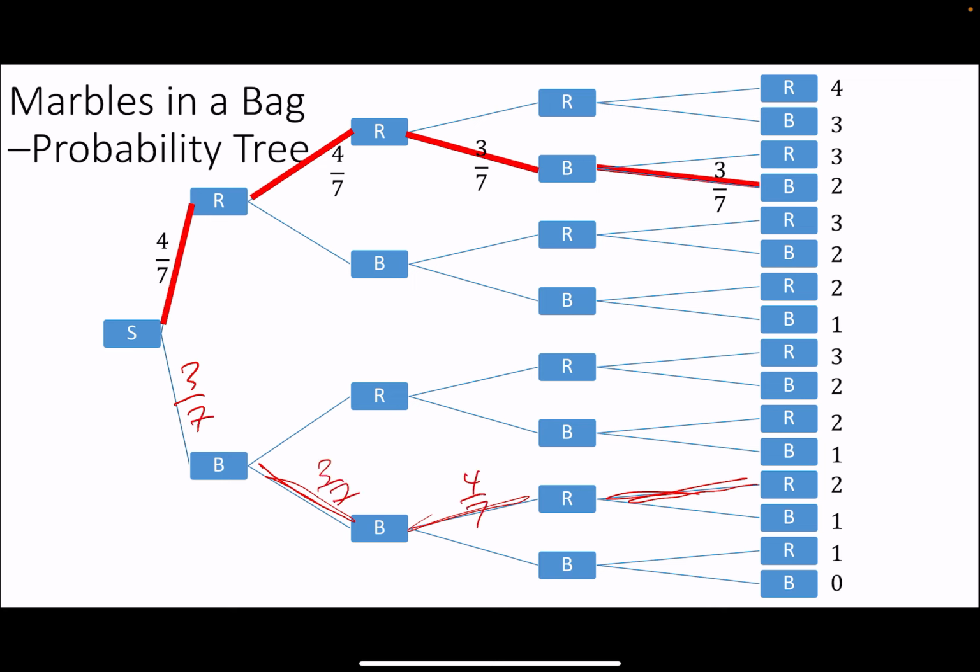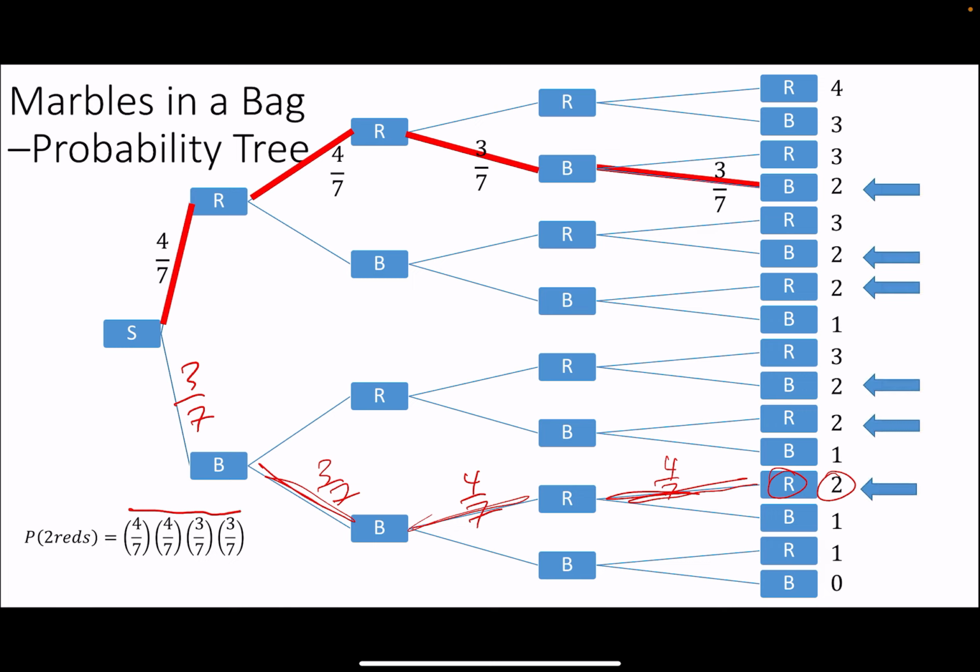Anything with 2 successes is going to have these values to multiply to calculate the probability of this outcome of 2 reds. The probability of 2 reds is this, in any order, and there's 6 of them. So it's times 6.